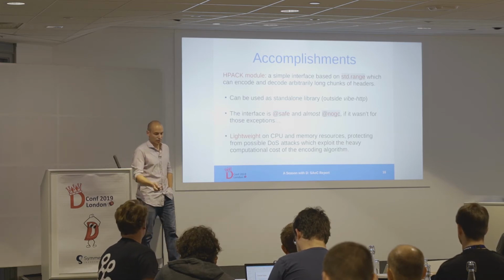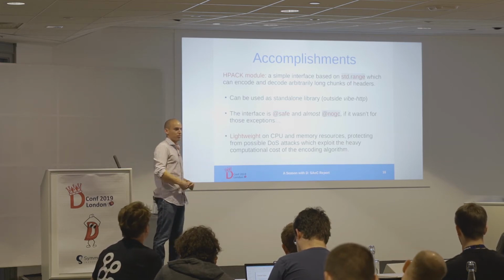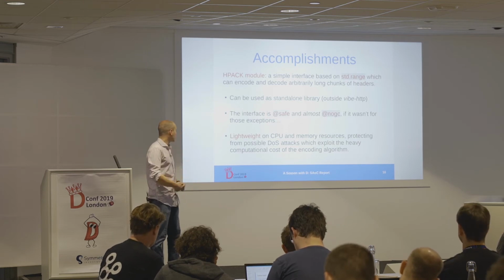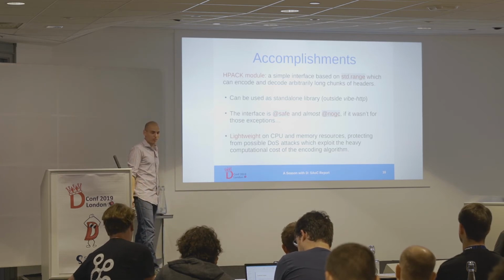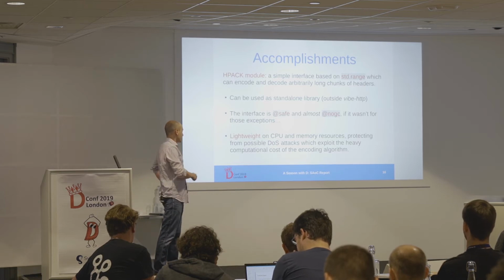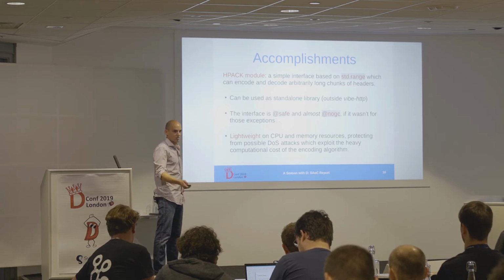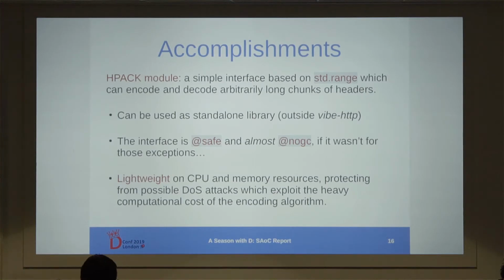So instead of building a tree and having to decode everything using a tree, which required a lot of CPU and memory resources, we are following the approach of other web servers, such as Nginx, which is using a static table, quite big, like 3,000 lines of code, to be more lightweight on CPU and memory, which mainly avoids the possibility of denial of service attacks, which is something that has been explored for HTTP2.